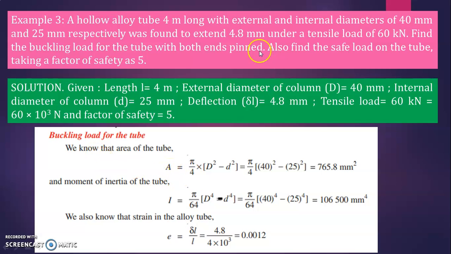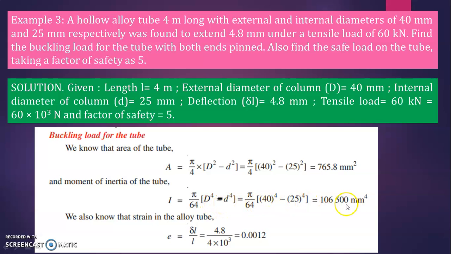So area is, this is a hollow cylindrical section, so area is pi divided by 4 into capital D square minus small d square. So pi divided by 4 into 40 square minus 25 square is equal to 765.8 mm square. Then moment of inertia, that is pi divided by 64 into capital D raised to 4 minus small d raised to 4.